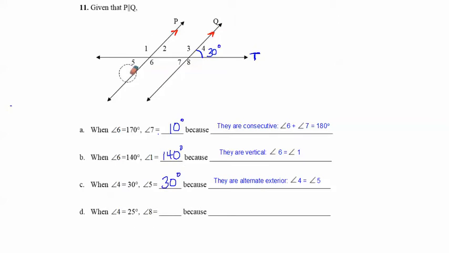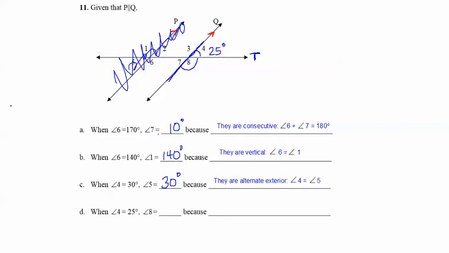The last scenario they're asking us to consider is when angle 4 is equal to 25. So I'm resetting this now to a 25. What would be the measure of angle 8? Now studying these two angles, they're both sitting together on a straight line on the same intersection. I could cover up this whole side of the drawing and it doesn't affect the relation between 8 and 4.